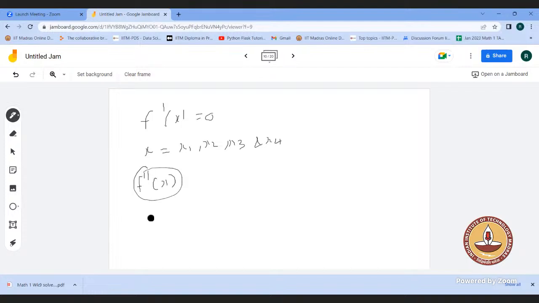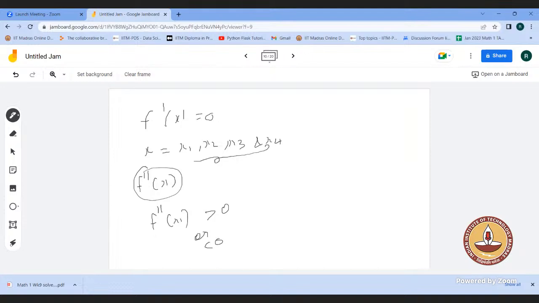Yes. After that, we have to substitute x1 into f double dash of x and check whether it is greater than 0 or less than 0. Similarly, you have to do it for all these 4. Then you'll see when it is a minimum.